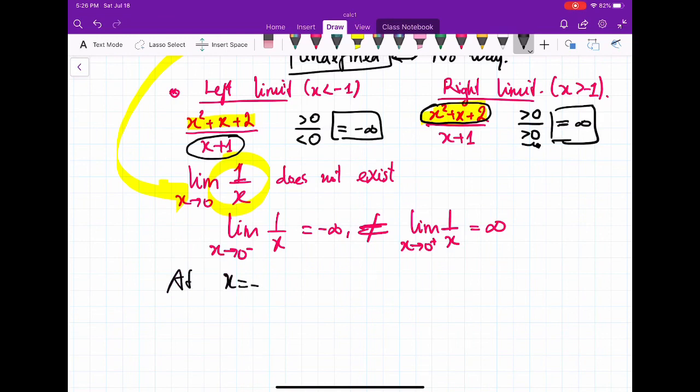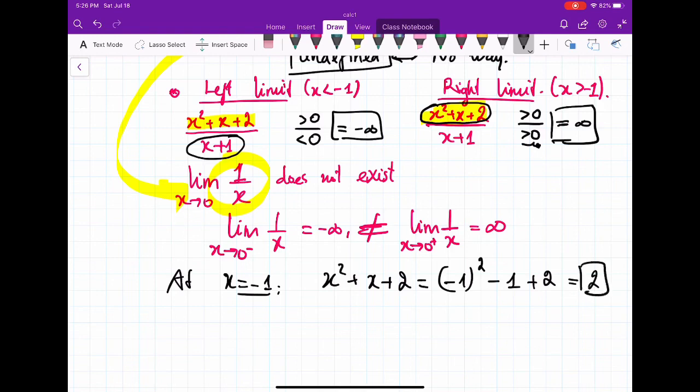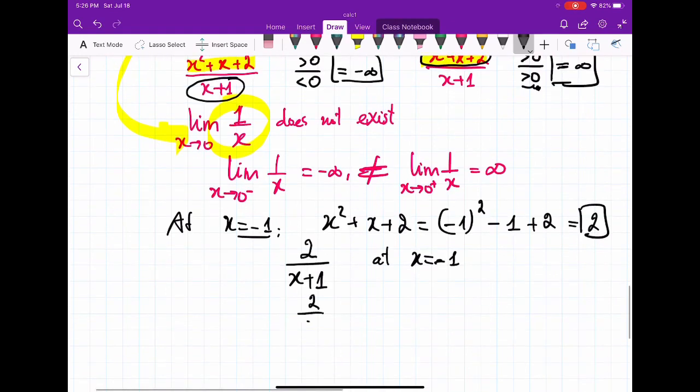At x equal to -1, x squared plus x plus 2 is (-1) squared minus 1 plus 2, which is 2. So you see something like 2 over x plus 1, at x equal to negative 1. If you have 2 over x at x equal to 0, they are very similar.